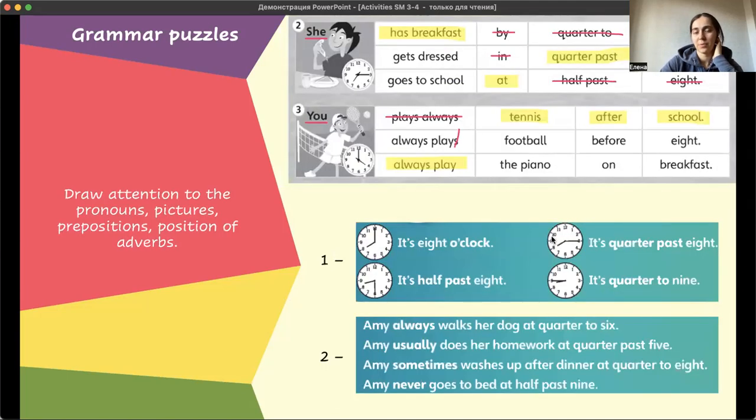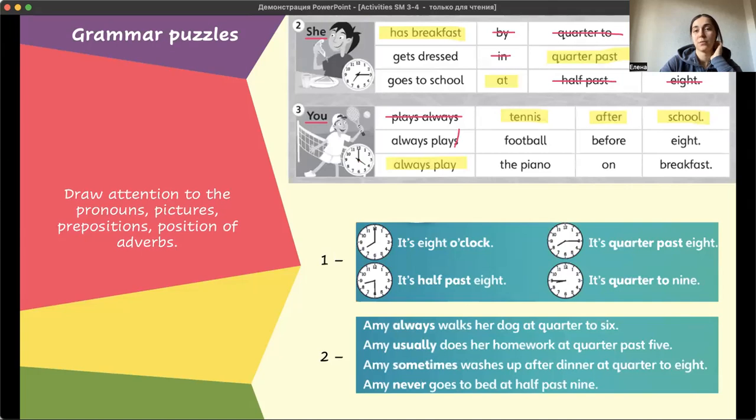So the next grammar puzzle is with pictures. So here I ask them to look at the person in this picture. I draw their attention to the pronouns like he, she, and so on.